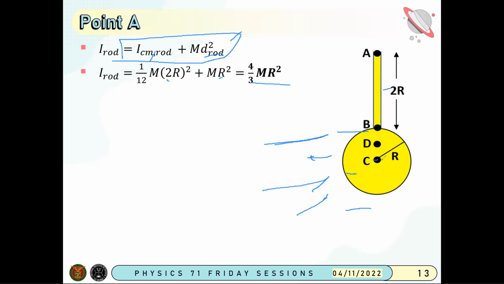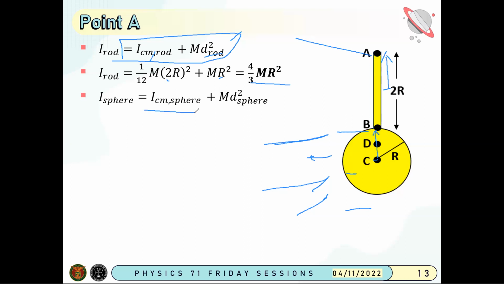Now, for the disk or the sphere, mag-parallel axis theorem ulit tayo, kasi ito yung axis, right? Yung rotational axis. So siya ay displaced by a distance of r plus 2r, which is 3r.